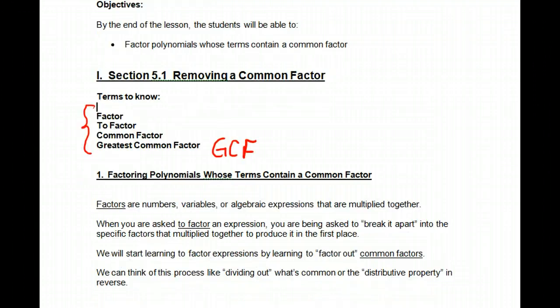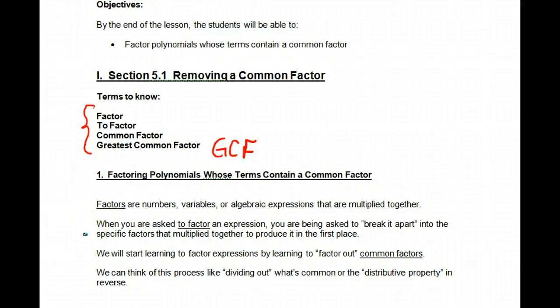We're going to start by learning what the term factor is and what it means to use it as a verb when we say to factor an expression. Factors are numbers, variables, or algebraic expressions that have been multiplied together to create a final product.